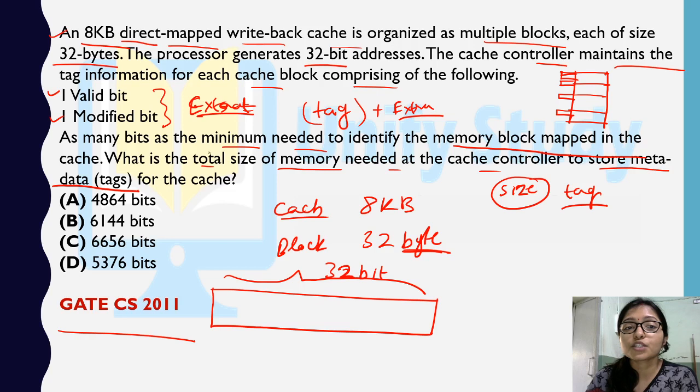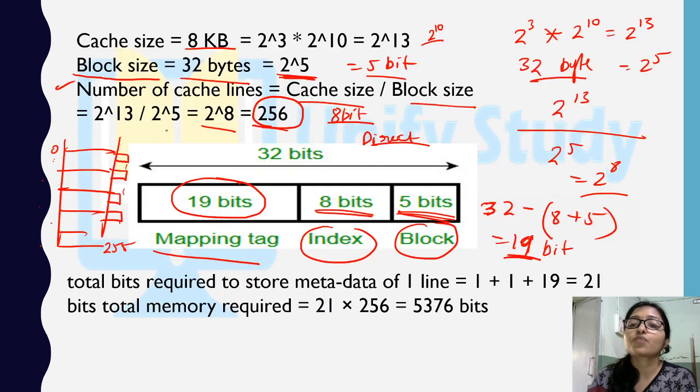Now in this question, one valid bit and one modified bit were also mentioned. That's why you have to add 1 plus 1. One is the valid bit, one is the modified bit. So 1 plus 1 plus 19 is 21.